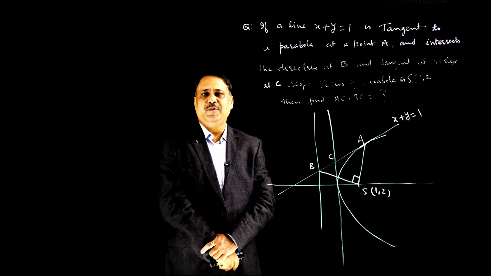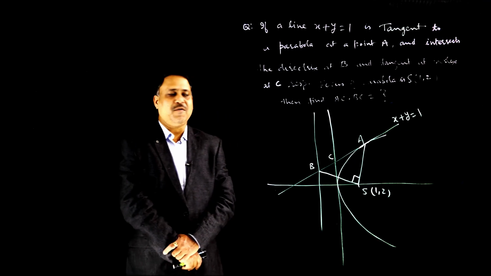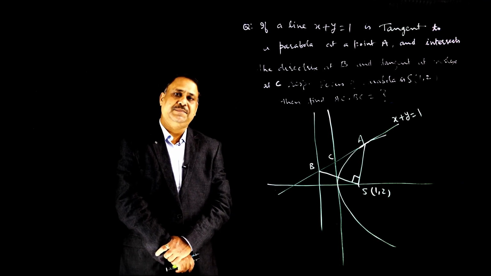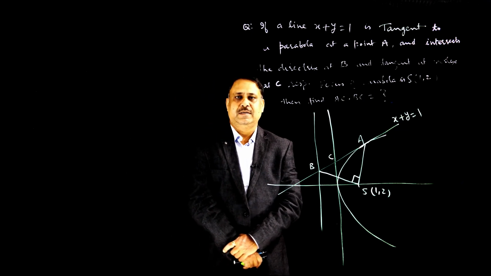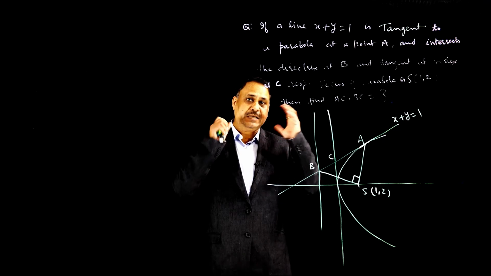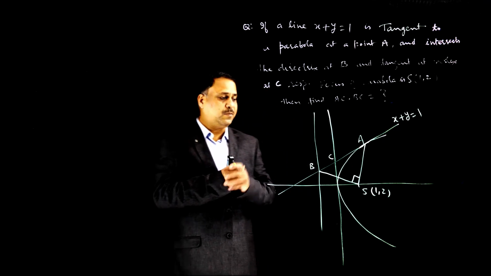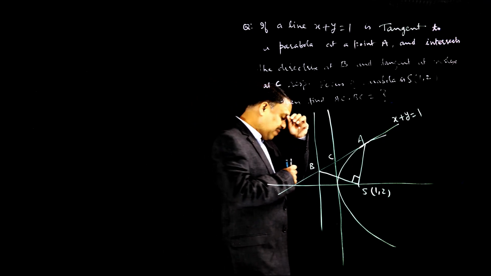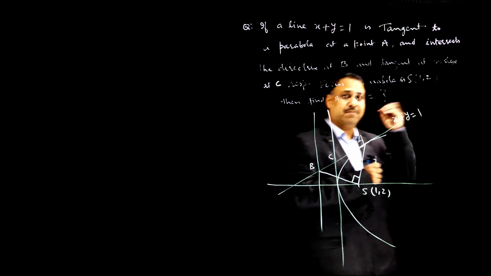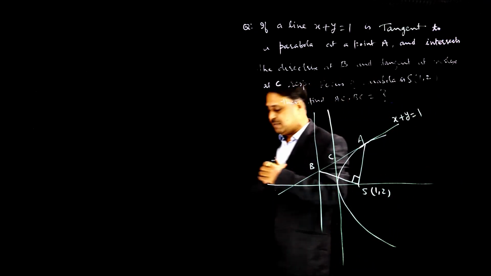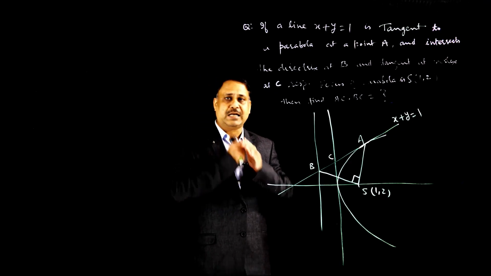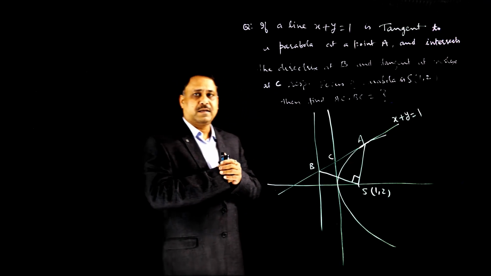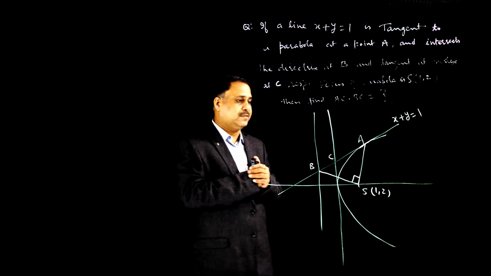Second hint, you can use power of a point with respect to a circle. This is the beauty of your imagination, and that is the beauty of maths. Sometimes your thoughts must come from nowhere, and that is why this problem is truly an IIT level, advanced level problem. This will expand your thinking, how to think in different directions.